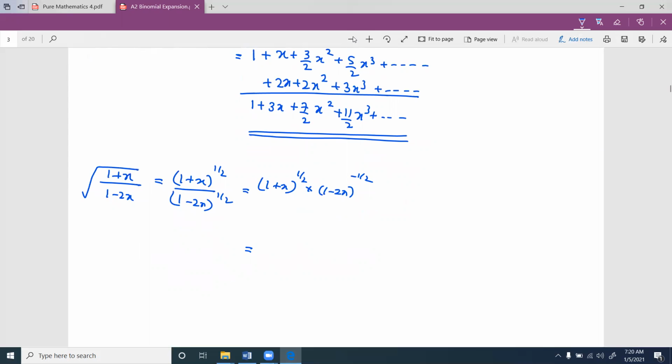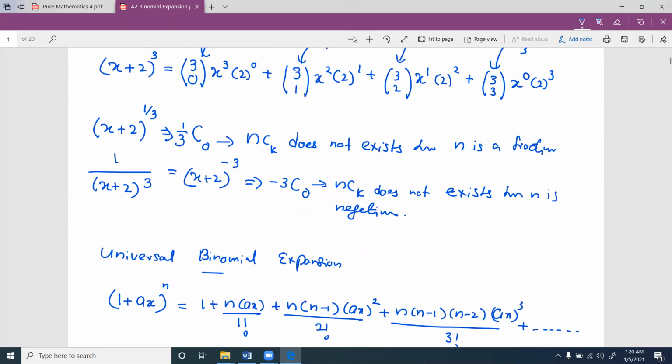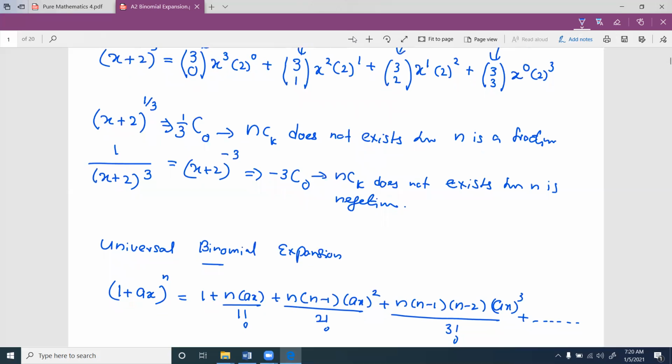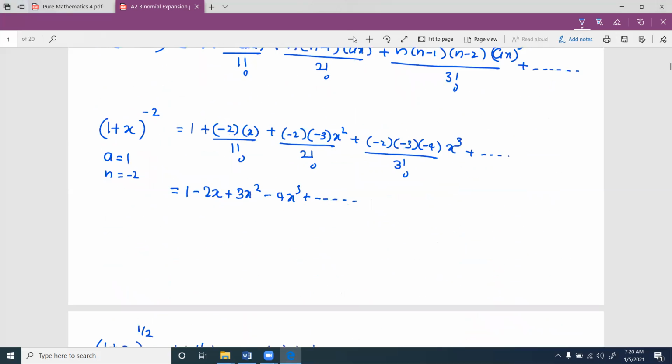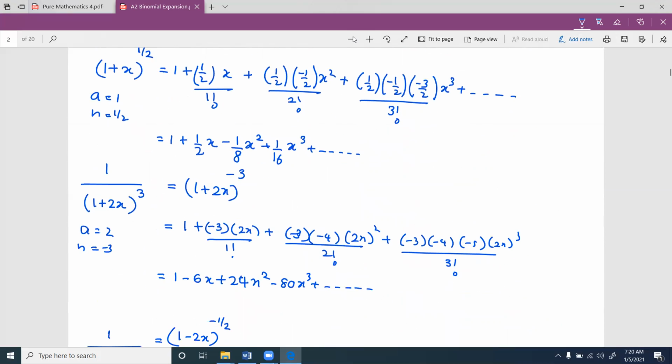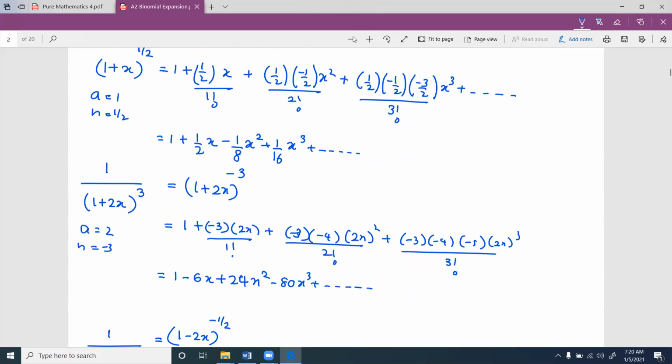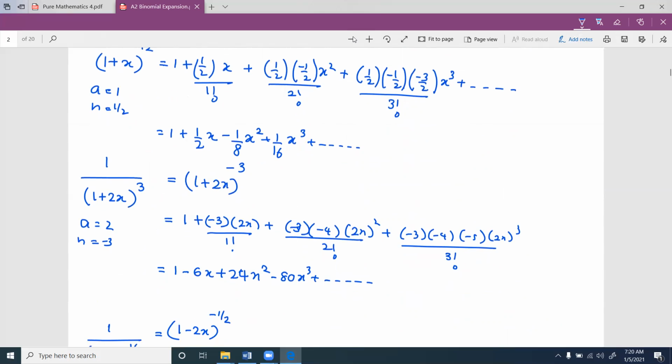Right? So over here I'm using the initial answers. 1 plus x to the power half, I think we just work out that value. 1 plus x to the power half is this bit: 1 plus half x minus 1 over 8x squared plus 1 over 16x to the power 3.